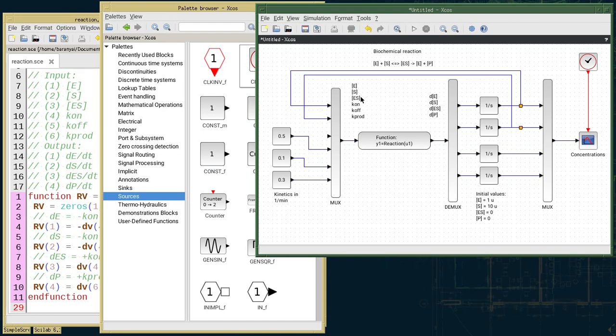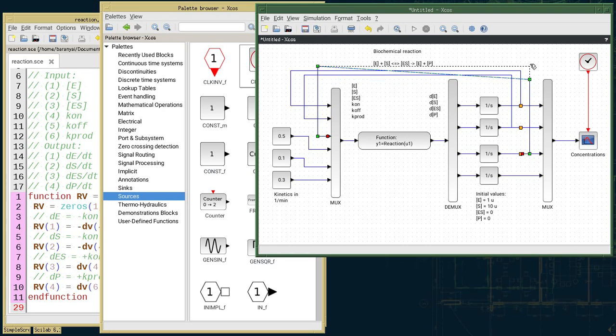Okay, and the enzyme substrate will be the third. But I connect all together. Oh, it doesn't look very beautiful. Now, because my line is here, I think I will move it over it.